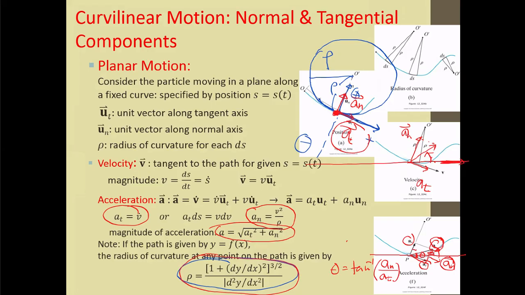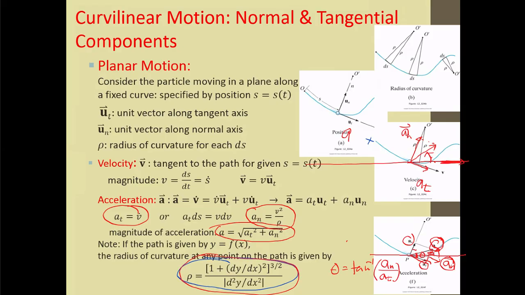Or if the particle moves backward, then this is tangential acceleration. This is normal acceleration.